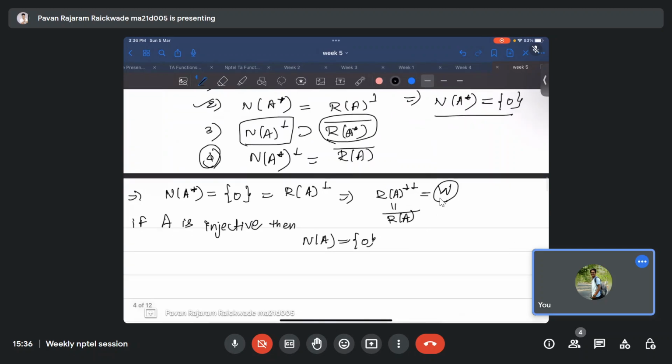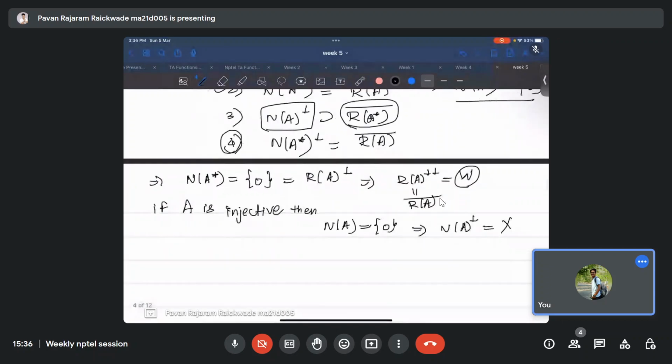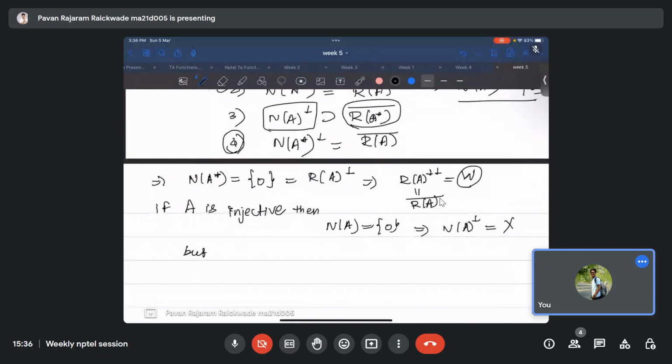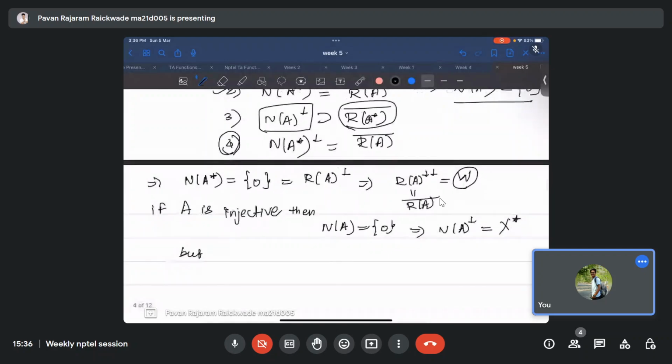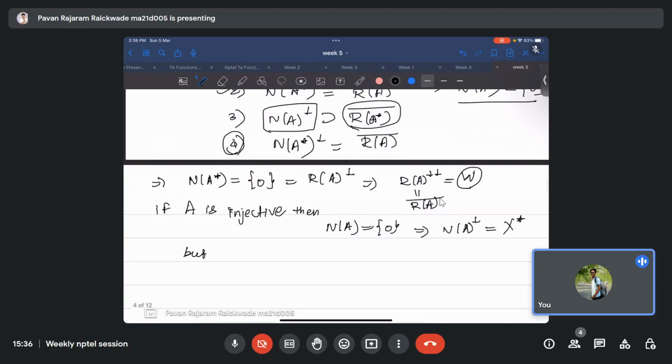This implies null space of A perp is the whole space X, oh wait, null space of A perp is the whole space X star. But range of A star closure is contained in X star.